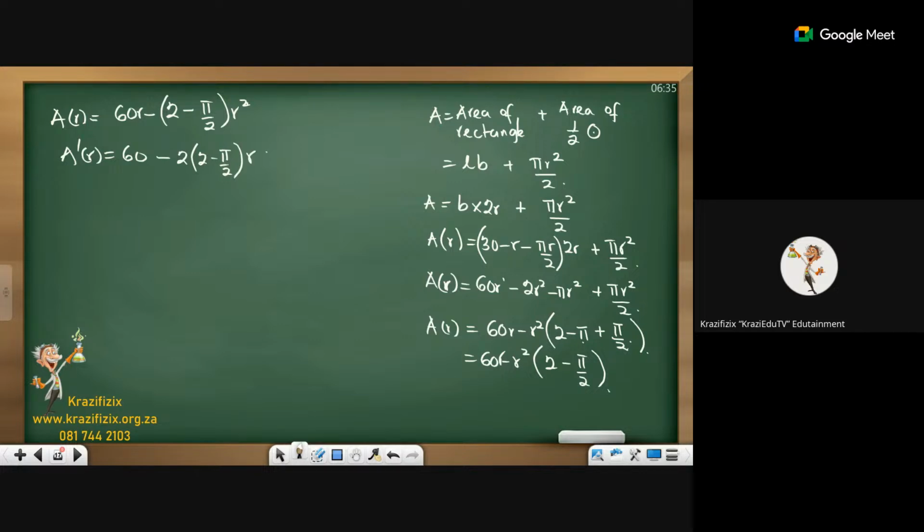So this must be equal to 0. Add both sides, or do you want to multiply first?